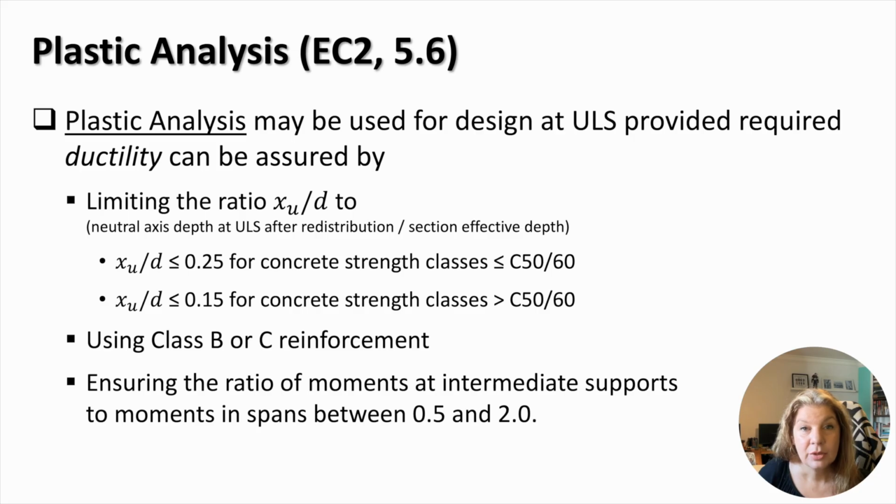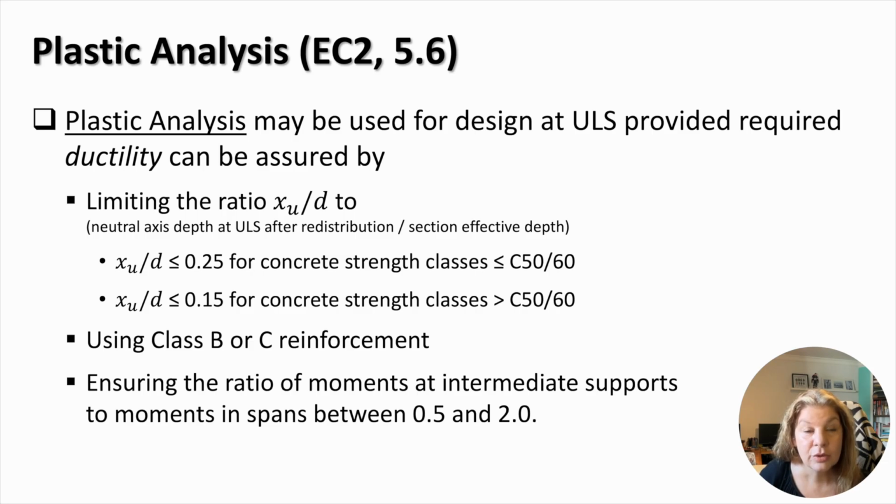Plastic analysis may be used for the design at the ultimate limit state only when the required ductility of the reinforced concrete cross-section can be assured. This is done by limiting the x to d ratio: x over d has to be equal or lower than 0.25 for concrete strength classes that are C50/60 and under, and x over d equal or under 0.15 for concrete strength classes that are over C50/60.